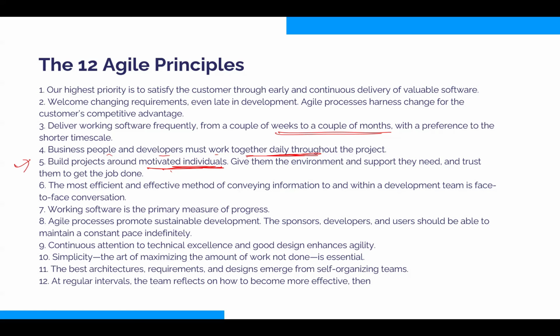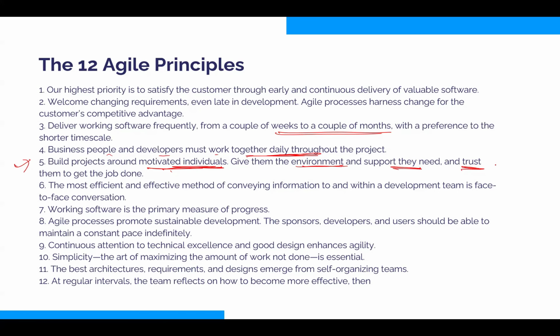In predictive, you may choose to micromanage your team. But here, no way, no micromanagement at all. So what do you do? You give the team the environment and support they need, and trust them. They would do a great job. Support them in doing that.